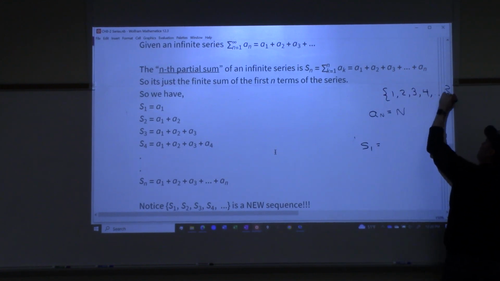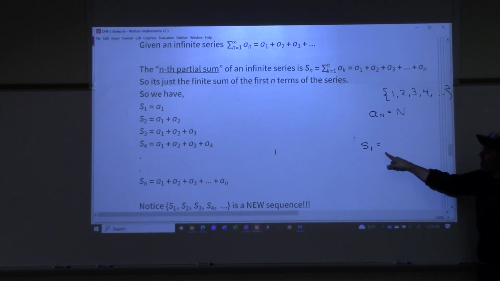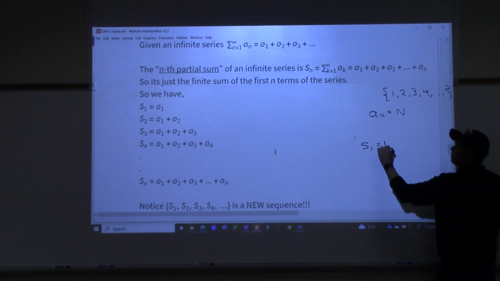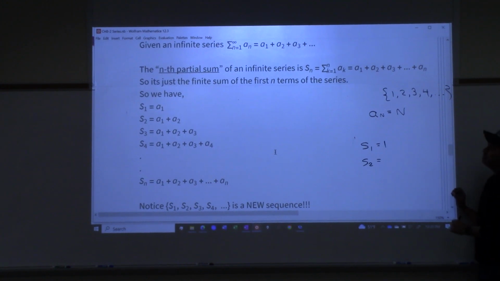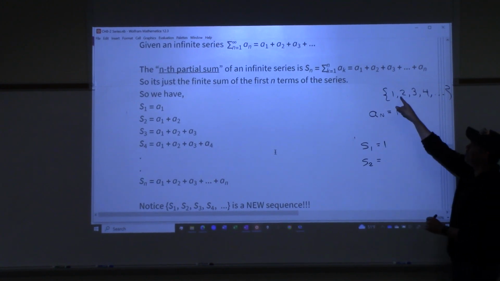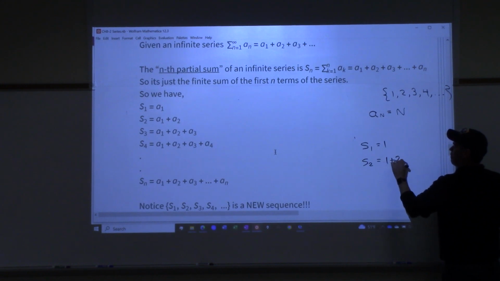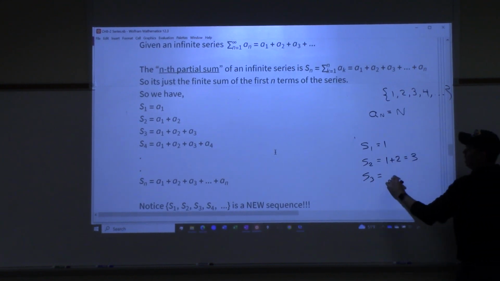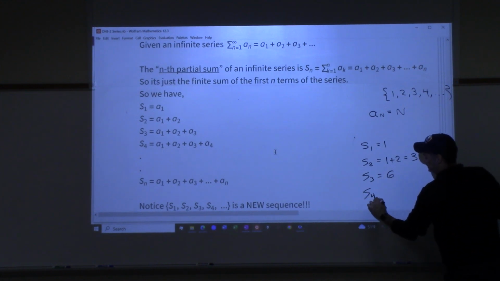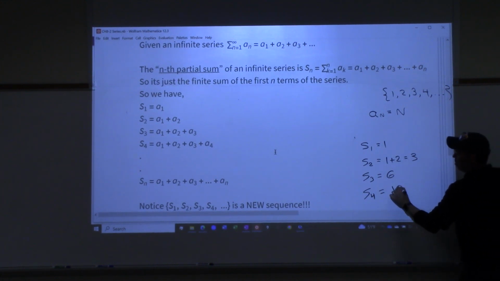So that's this sequence. What's S sub 1? 1. What's S sub 2? 3, right? It's these two added together. What's S sub 3? The first 3 together. S sub 4? 10, and so on and so forth, right?